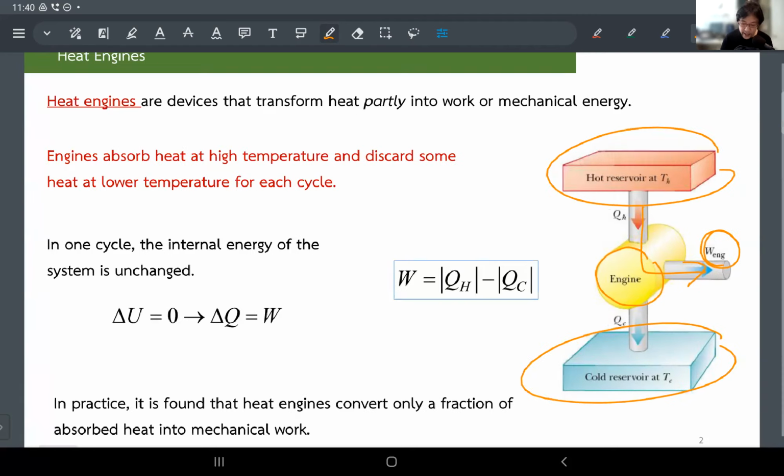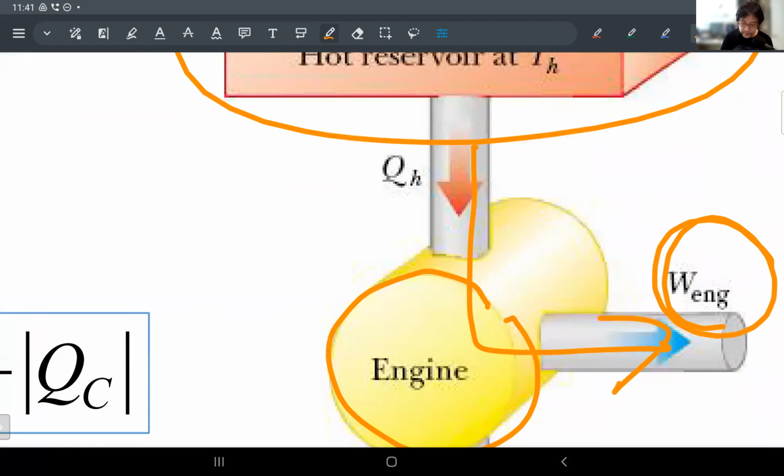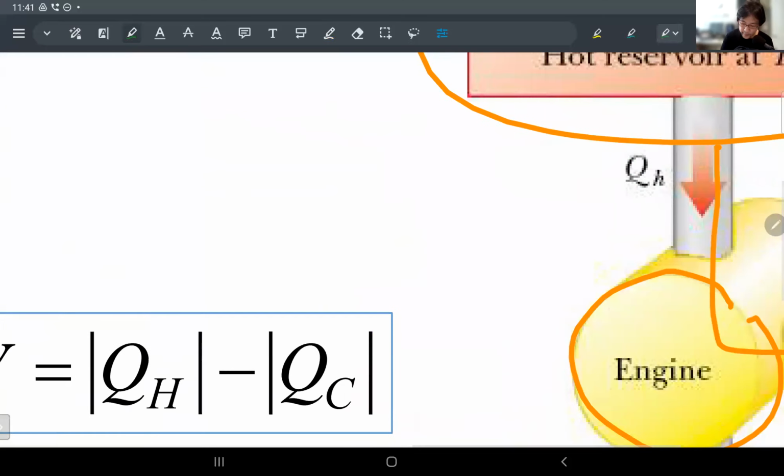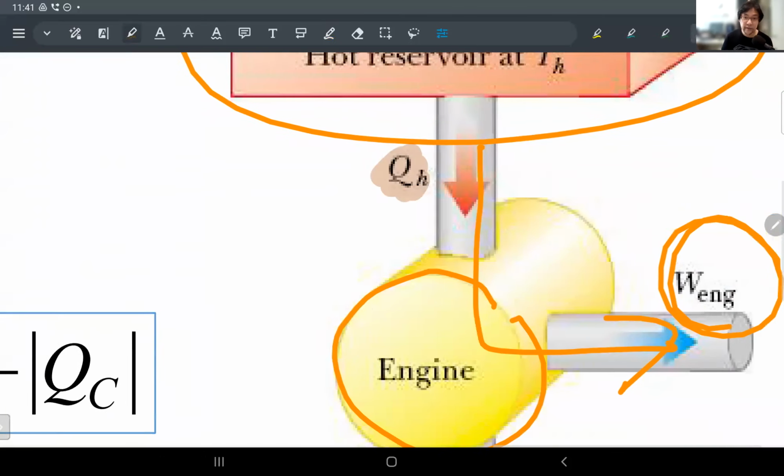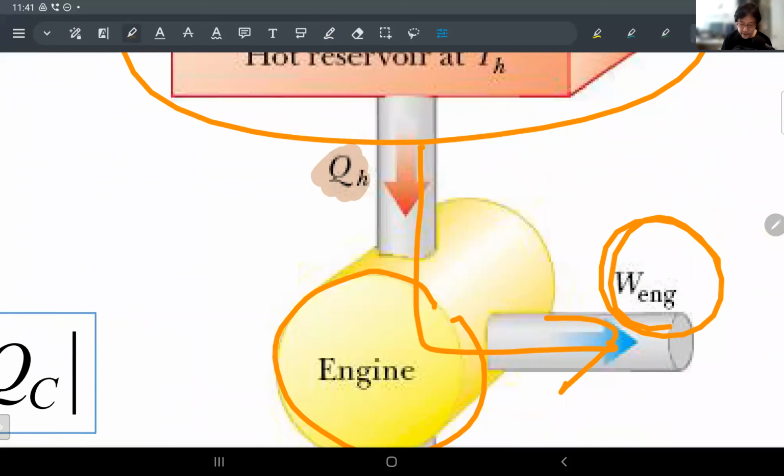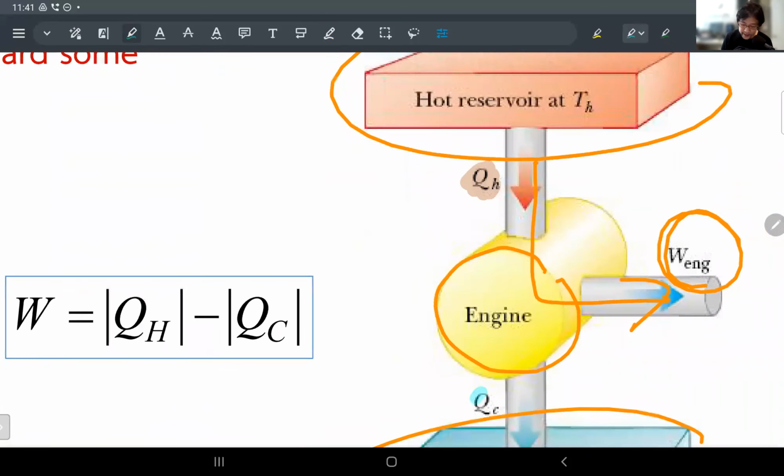So if you can draw some heat from the hot stuff, and eventually you dump some heat away in the cold region of your system, then because of the conservation of energy, the difference between the incoming and outgoing heat must be exactly the same as the work that the engine can perform.